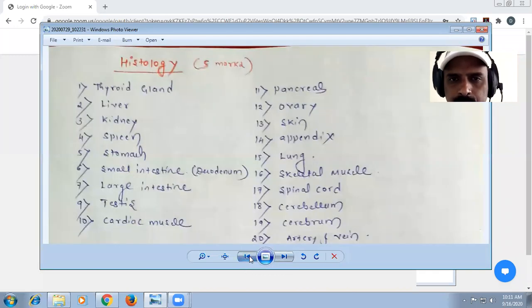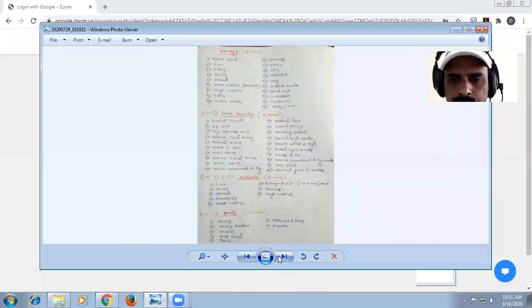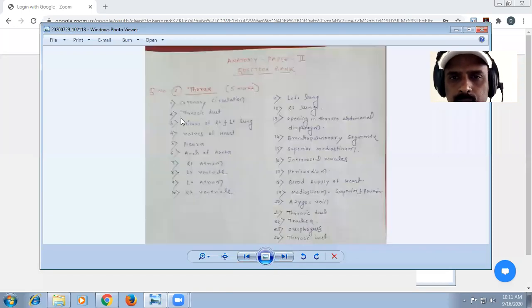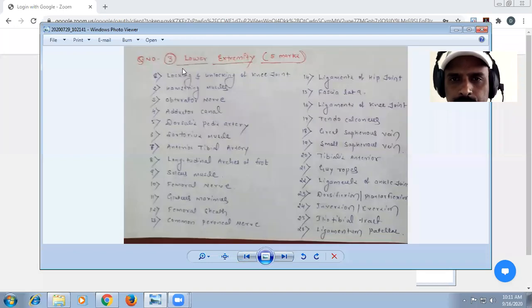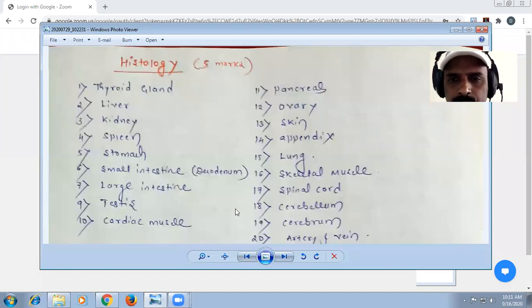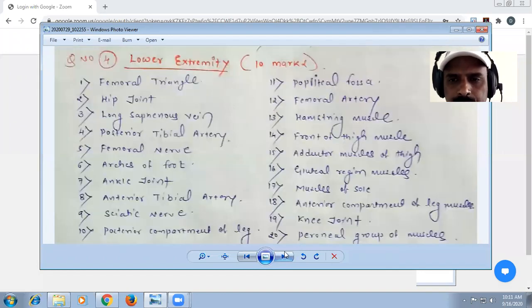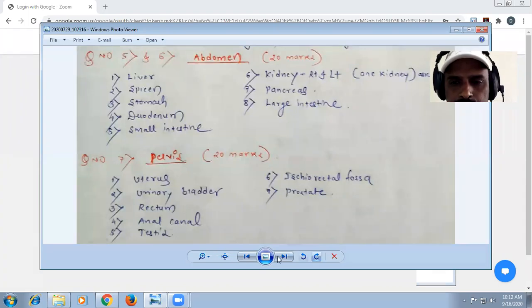In the second paper I have covered almost all: the thorax, about 24 questions. Then lower extremity, 20 5-marks questions, and histology, 20 questions. I took more than 20 because I showed slides and explained details, about 32 slides. Today I just brushed up the 20 questions of the lower extremity.